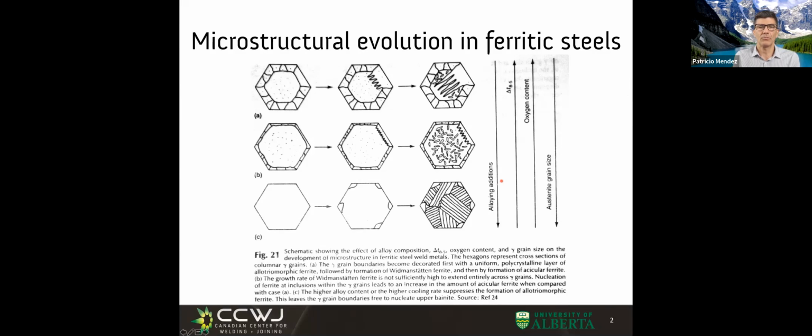All right, so you already saw this image of the microstructure evolution in ferritic steels. And we said, and this is part of what you know for today's quiz, right? This is the austenitic grain. And as it starts to cool down, the first part that transforms depends on the cooling rate. But when you see a ring of a microstructure, this typically is the primary ferrite in the grain boundary of the austenite, right?